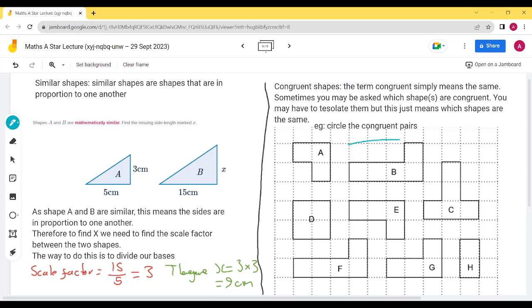We don't even have to tessellate this one, but B and F are congruent. You can see they are exactly the same. They both go in the same way.